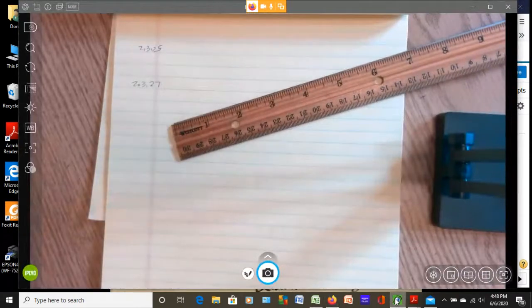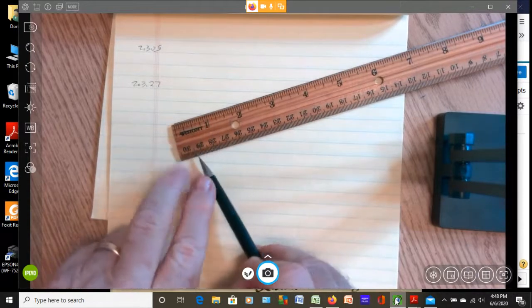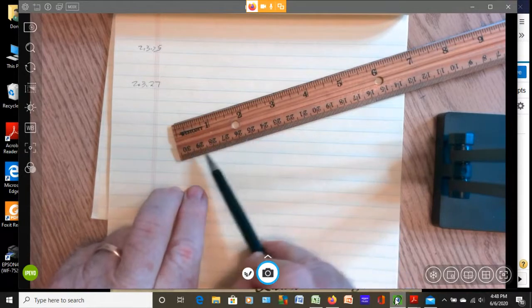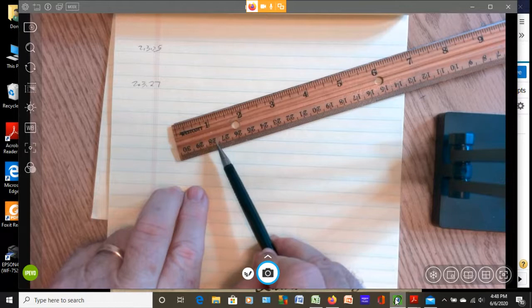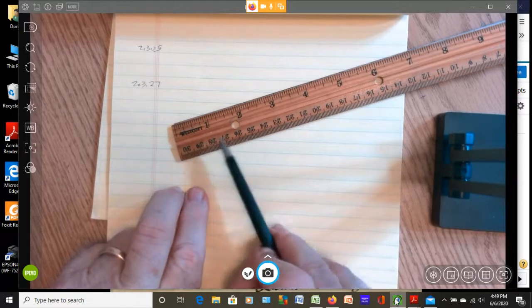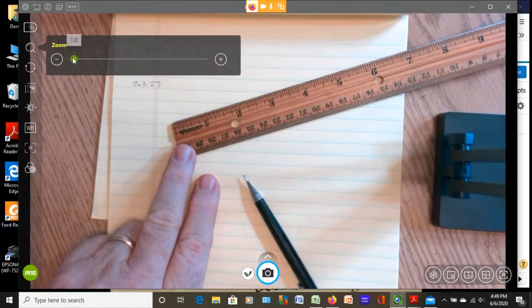All right, now, this is a standard ruler. You've probably seen them many times in the past. Now, if you can, don't pay any attention to these graduations down here, because I really just want to look at the ones that are up here, the ones that are above. So let me see if I can do a little zooming in here.